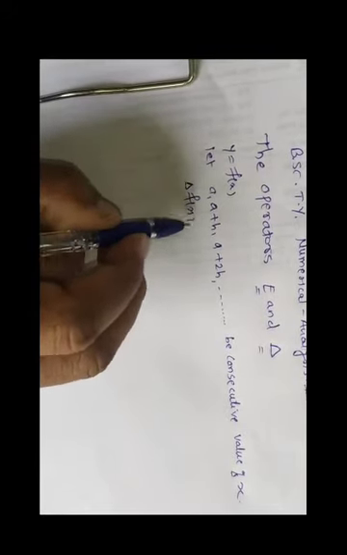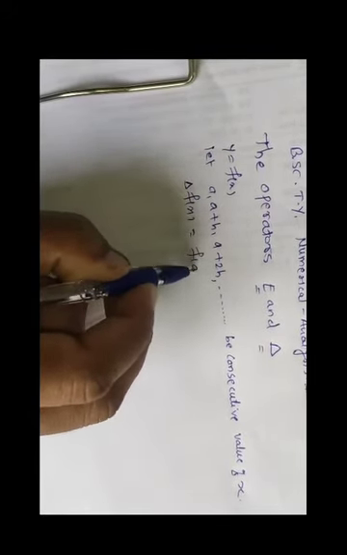Then we know that delta f of a can be written as f of a plus h minus f of a. This is the definition of delta f of a.